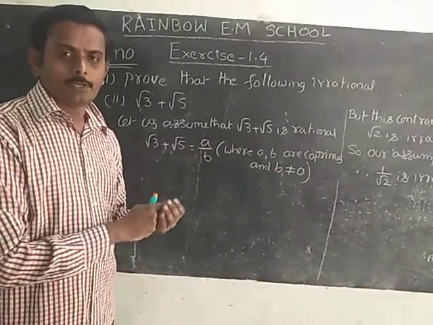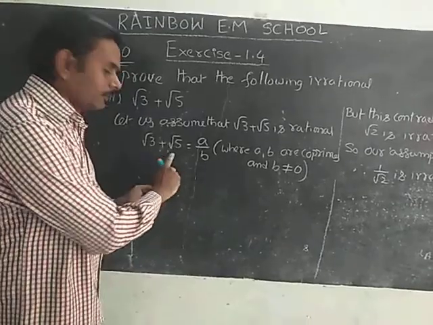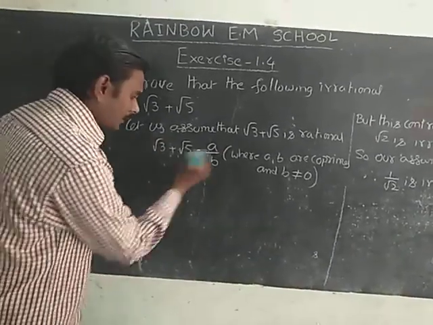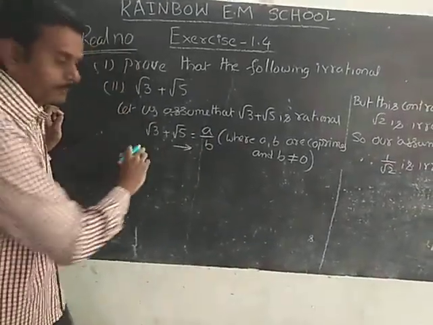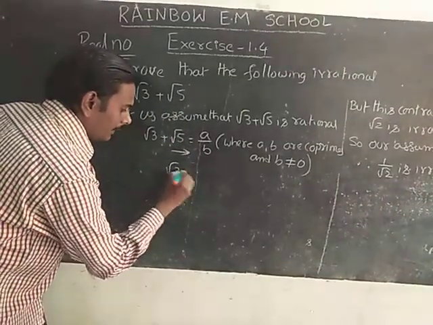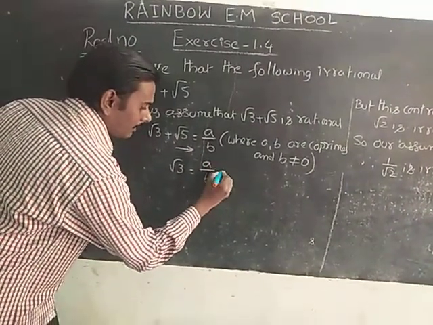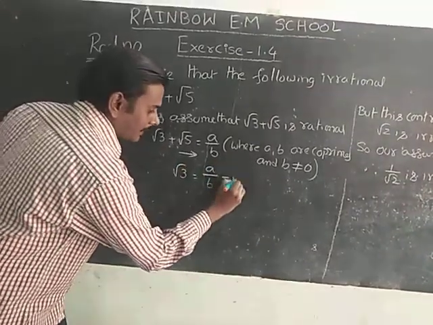Both methods are the same. Take root 5 to the other side: root 3 equal to a by b minus root 5.